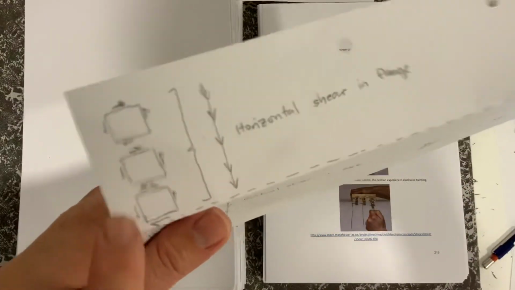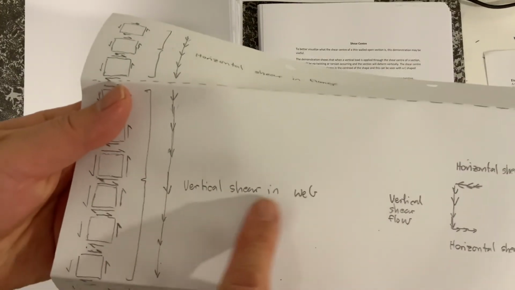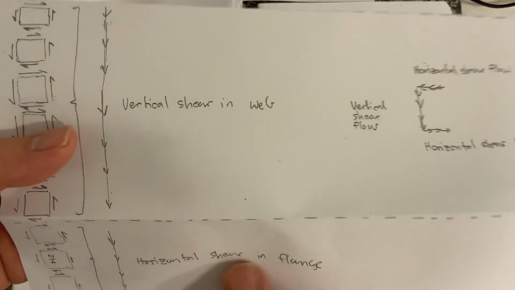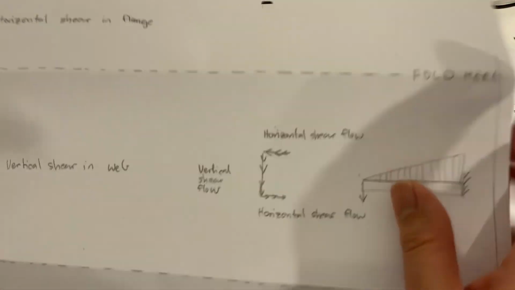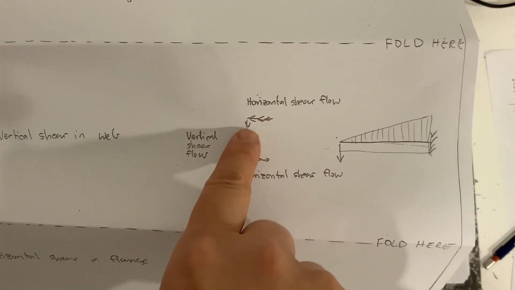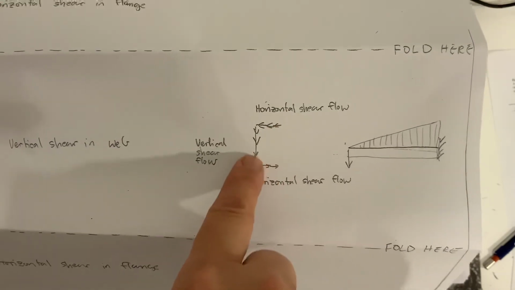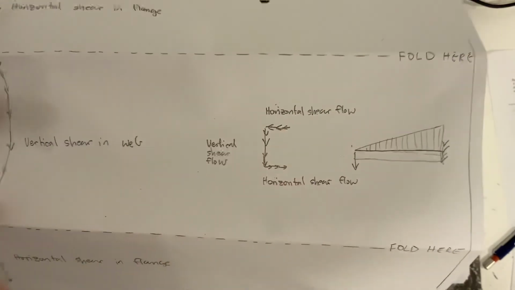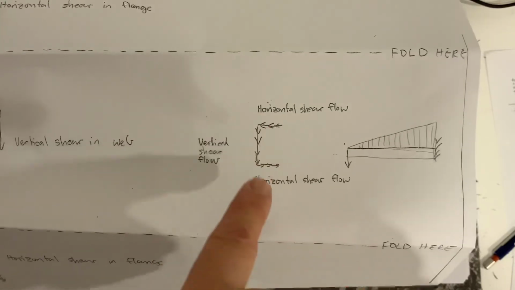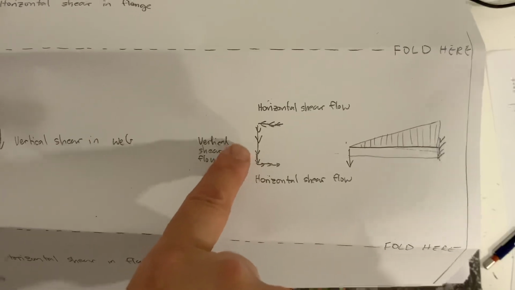So just have a look at those arrows, and we can see horizontal shear in the flange there, vertical shear in the web, horizontal shear in the flange, and when you draw the cross section, you can see the shear flowing around, which means that a section like this actually wants to twist unless the load is applied at the shear center.